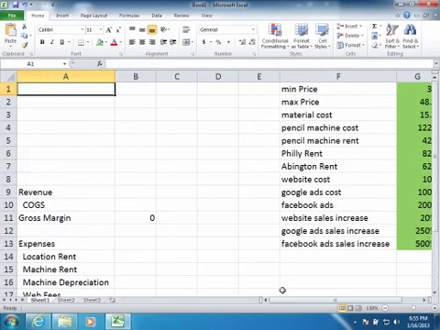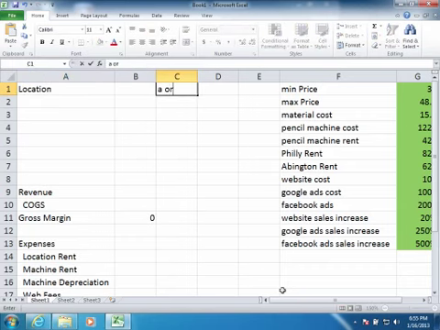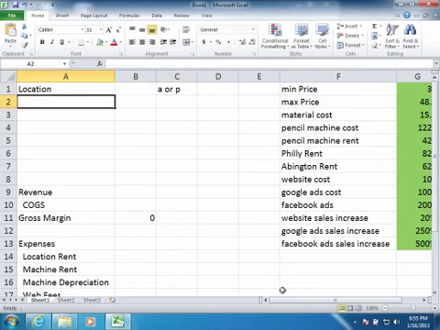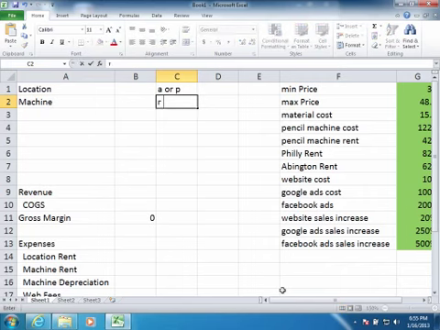Now, the decisions that we have: the location decision, which is either A or P, Abington or Philly. What other decision do we have? We have the machine decision, and that's rent or buy.